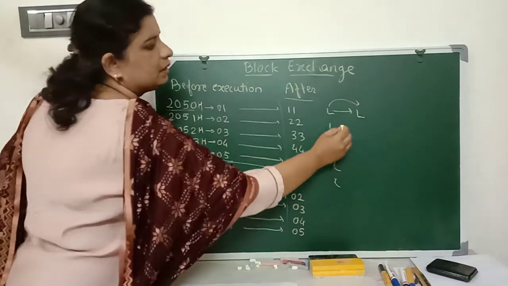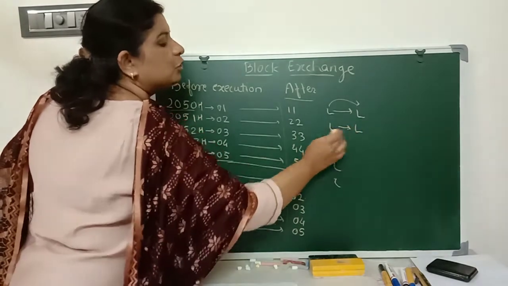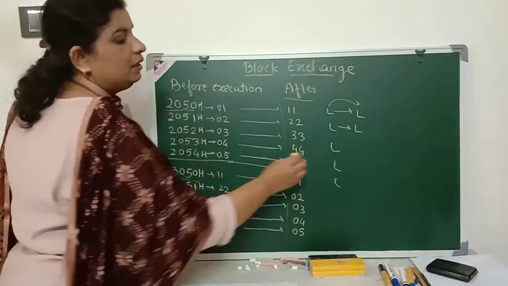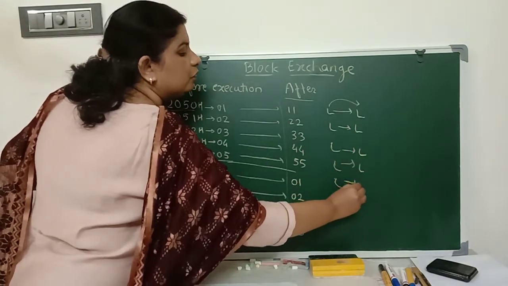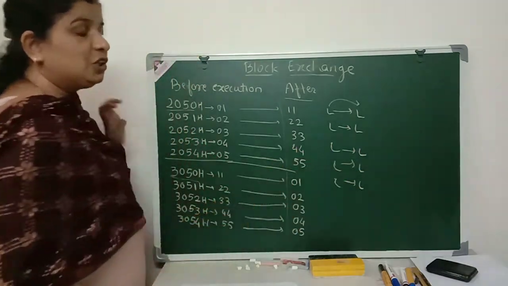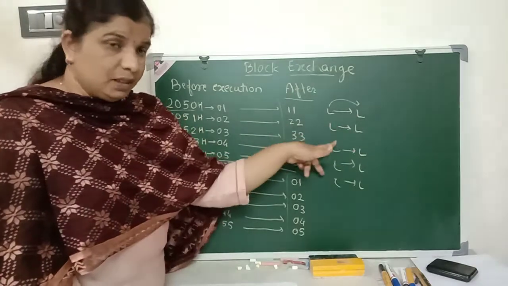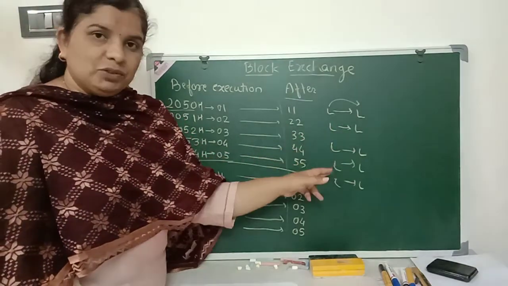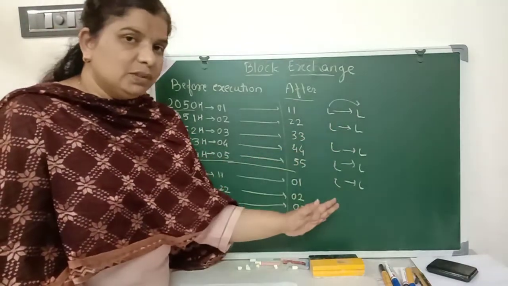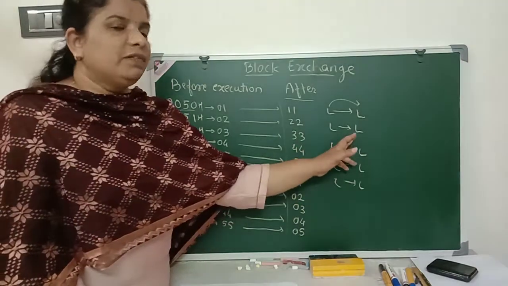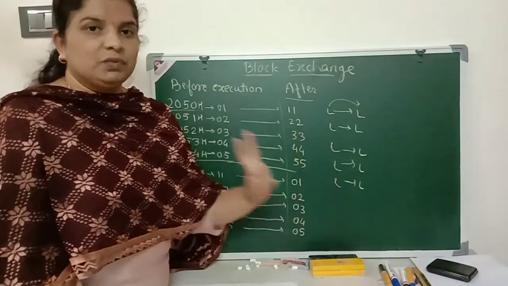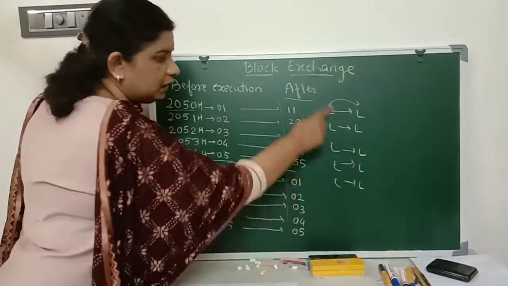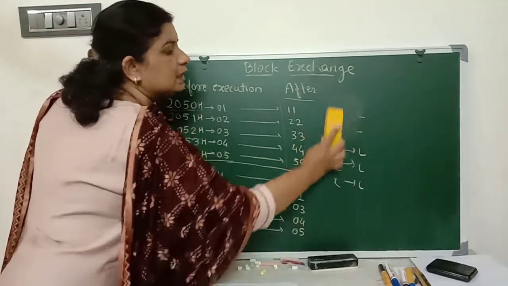What? 4 chairs are there. Then we shift the second chair, then third, then fourth, then fifth. So we shifted the first chair, decremented the counter, and then checked whether the counter has become 0 or not. Then we shifted the next, and when the counter becomes 0, the process stops. Okay, so this we discussed in the last lecture.